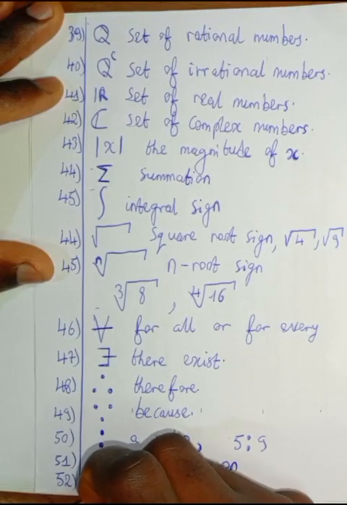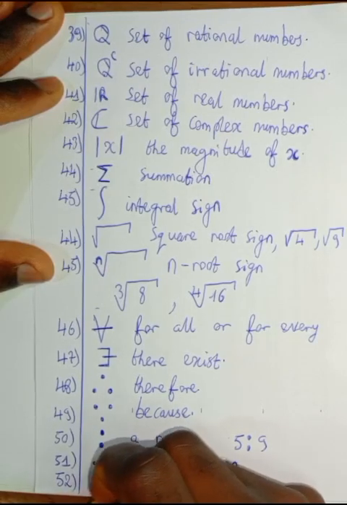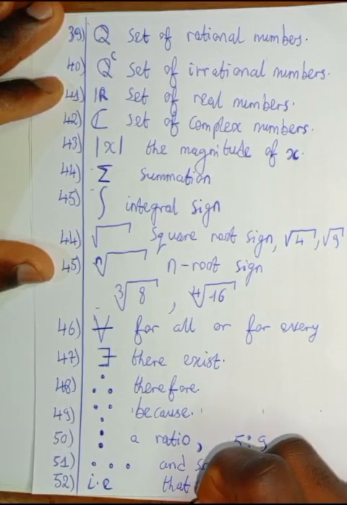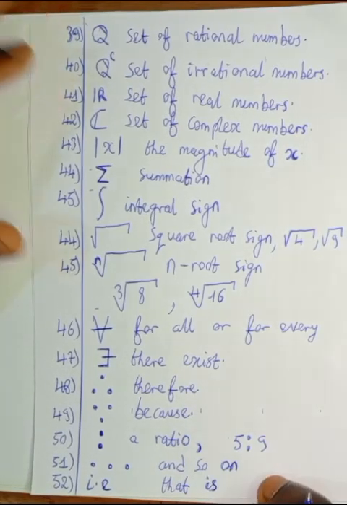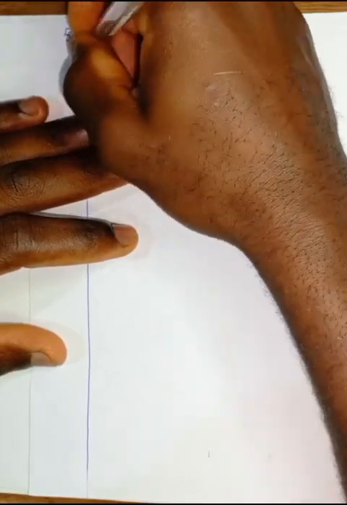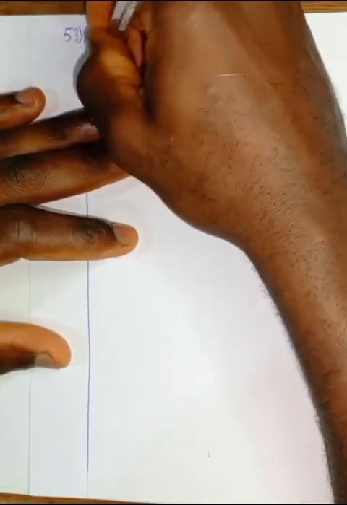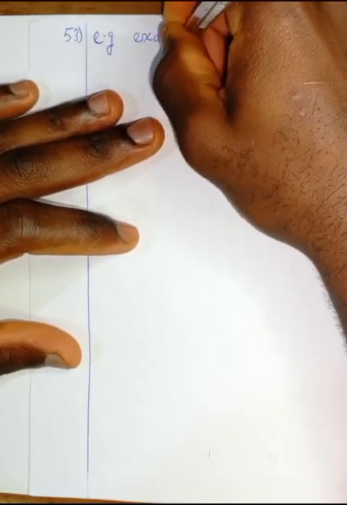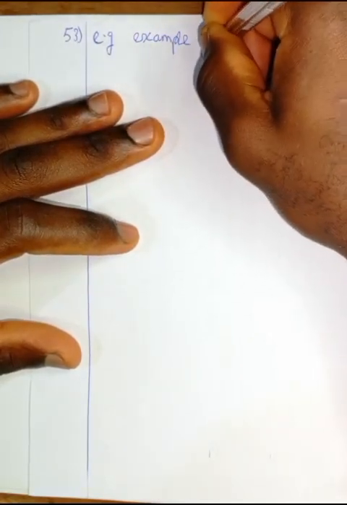We have i.e., which stands for that is. We go to 55. We have e.g., which stands for example given.